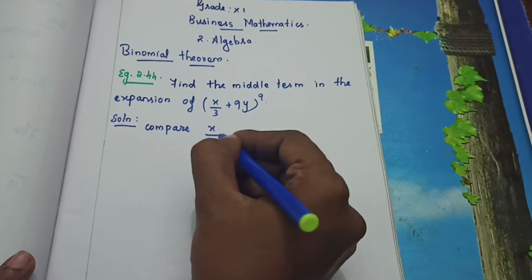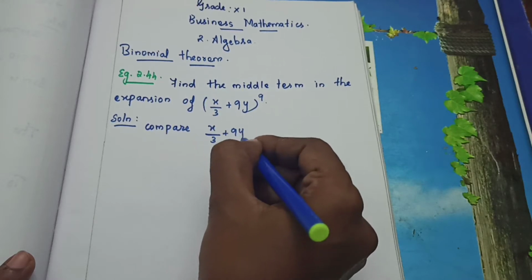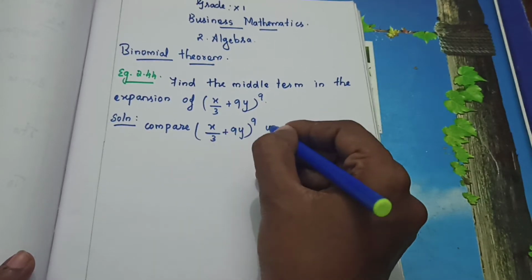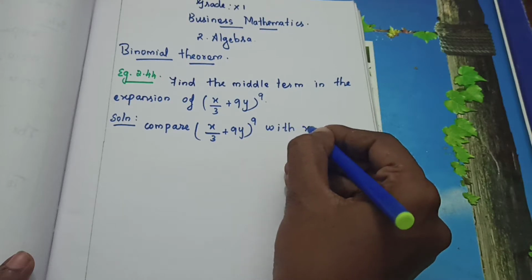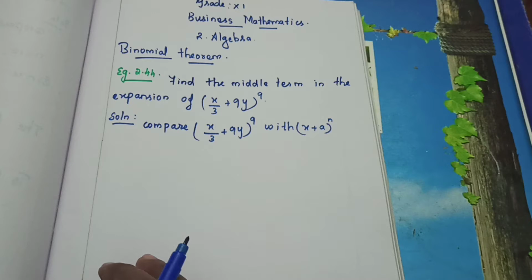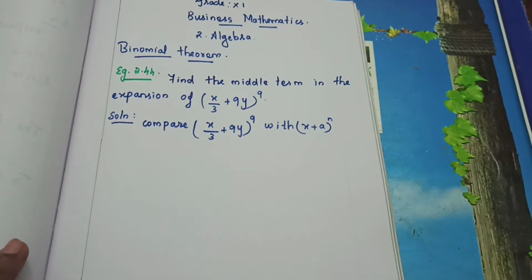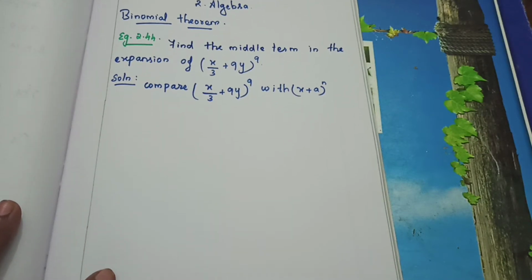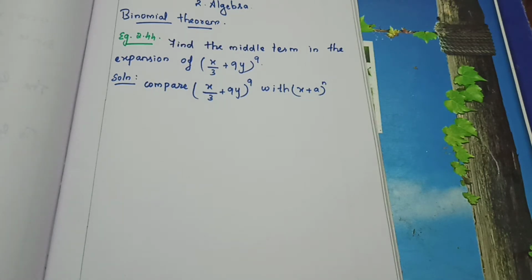Compare (x/3 + 9y)^9 with (x + a)^n. So first you need to find whether n and n plus 1 is odd or even.